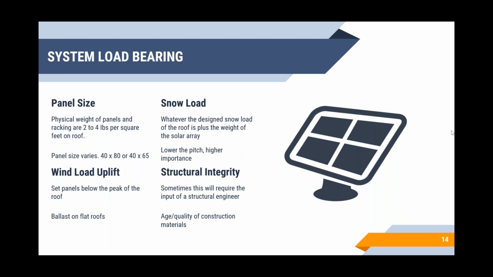This may come up, and even HOAs may push this one, but with modern construction nowadays, the structural integrity of roofs is pretty good. However, on older homes or commercial facilities, you may want to see if you can get a hold of any blueprints of the building just to make sure that it's got enough structural integrity.